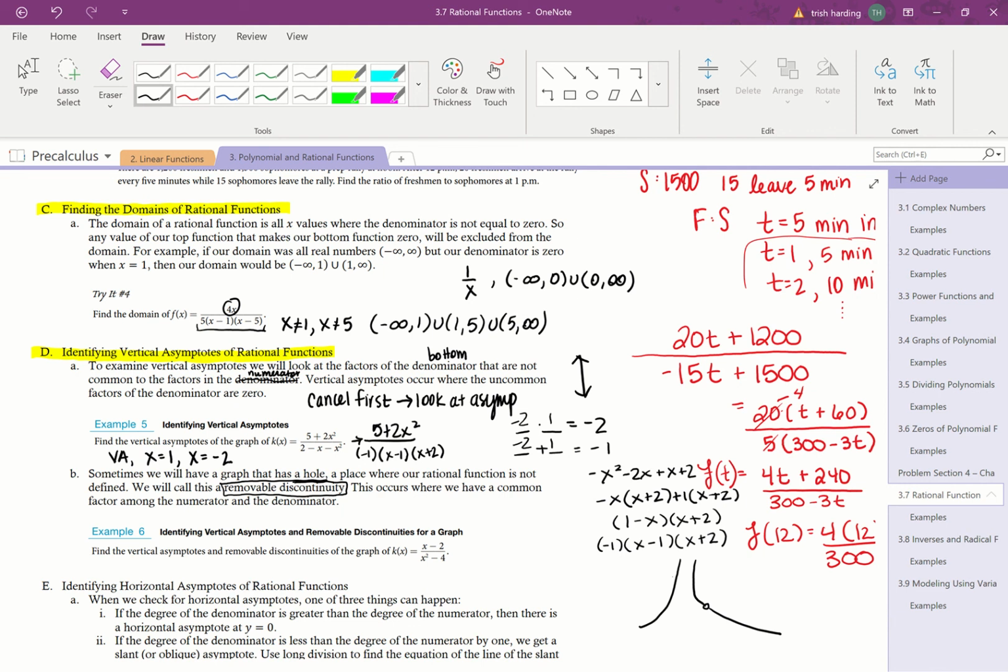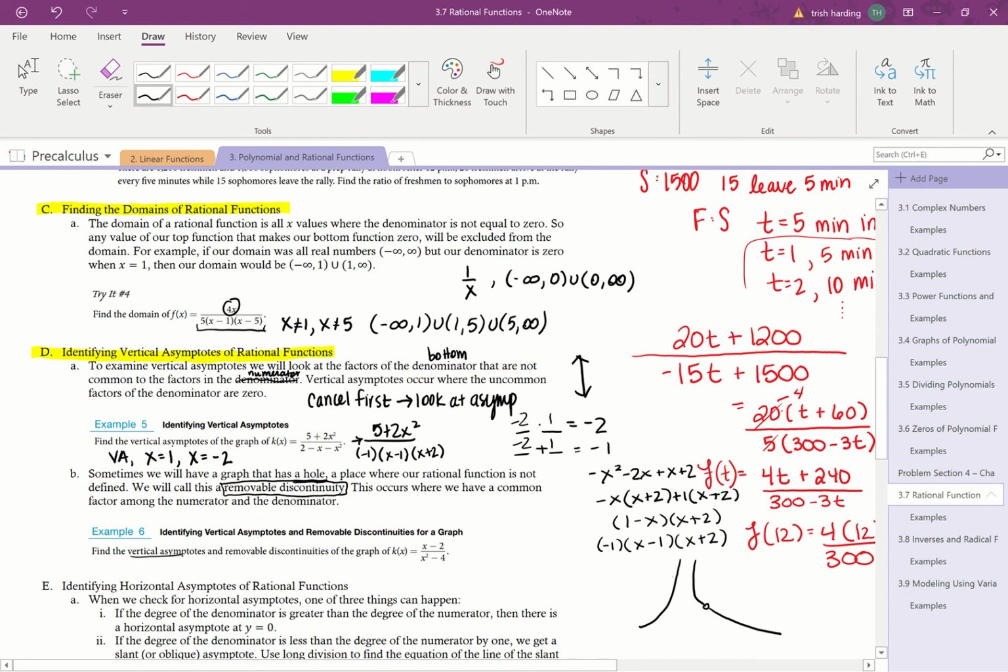So when you factor anything out, anything that does cancel, you do need to write that on the side because that is a removable discontinuity. There will technically be a hole there when you zoom in super close. And remember, we're on the real number line, so these decimals can just keep going forever. So it's literally just a pinpoint hole right at that number.